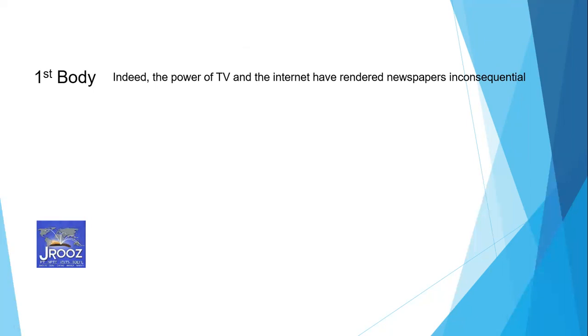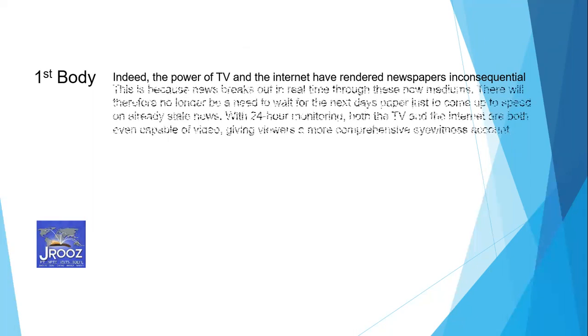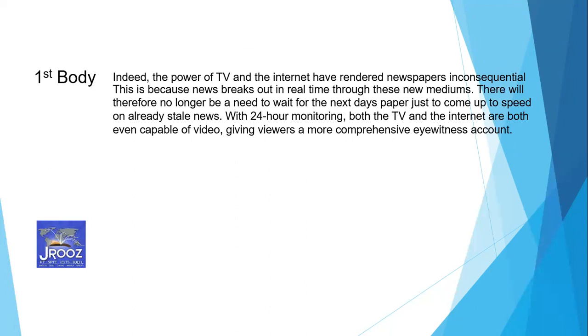Then we are now proceeding to the supporting argument, which answers the question why. This is because news breaks out in real time through these new medium. There will therefore no longer be a need to wait for the next day's paper just to come up to speed on already stale news. With 24-hour monitoring, both the TV and the internet are both even capable of video, giving viewers a more comprehensive eyewitness.